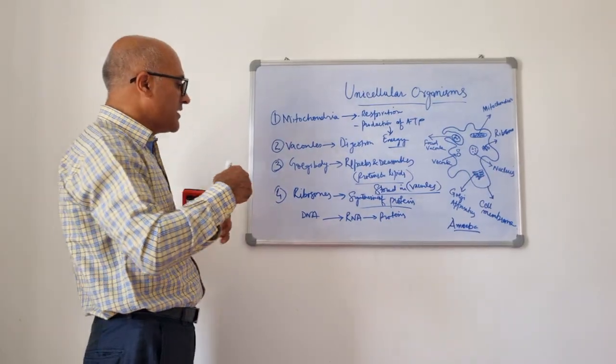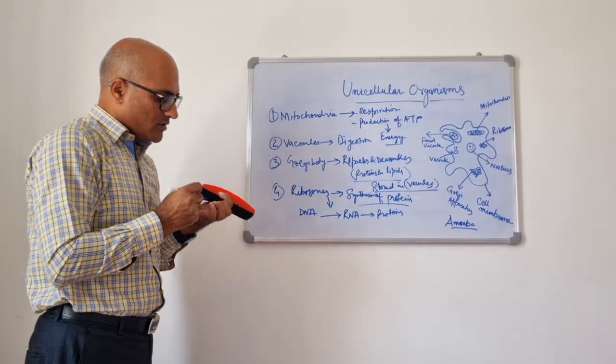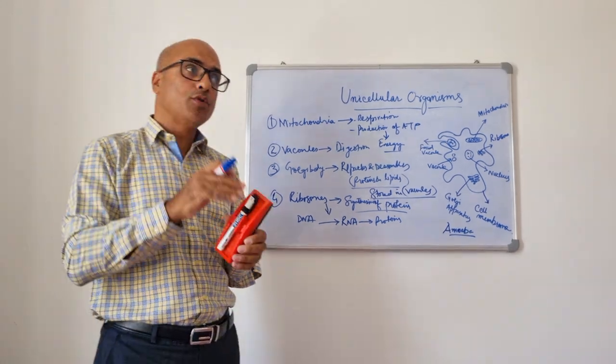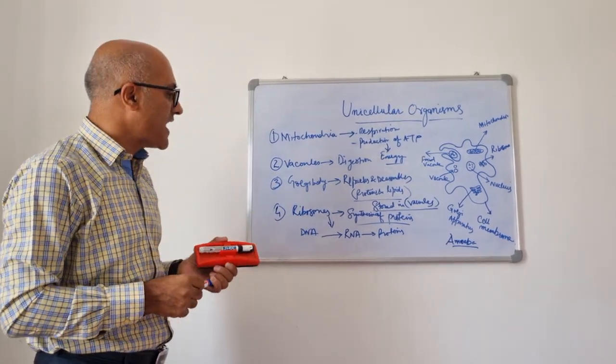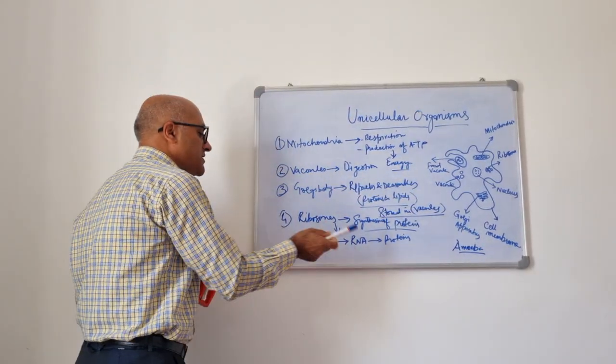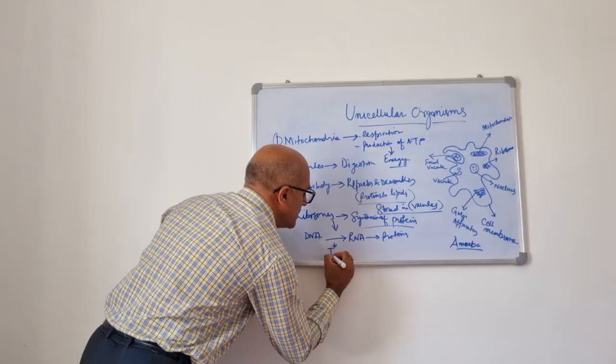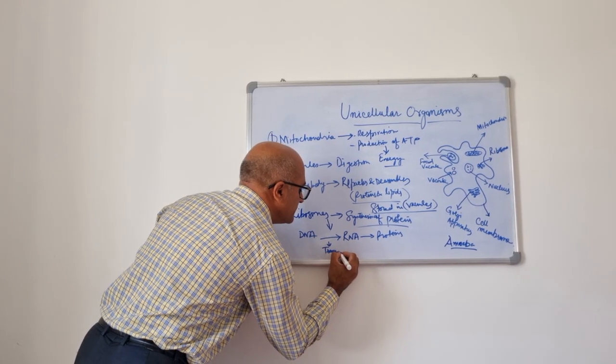Okay, by ribosomes. So the information about a particular type of protein, which type of protein is to be synthesized, is given by DNA present in the nucleus. The DNA gives the information to RNA, and this process is called transcription.